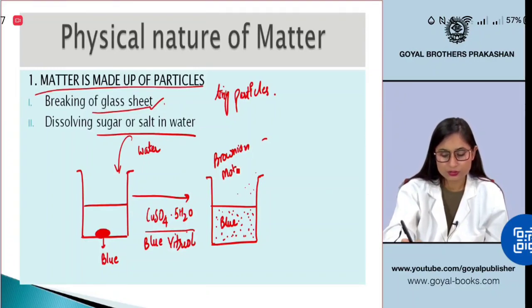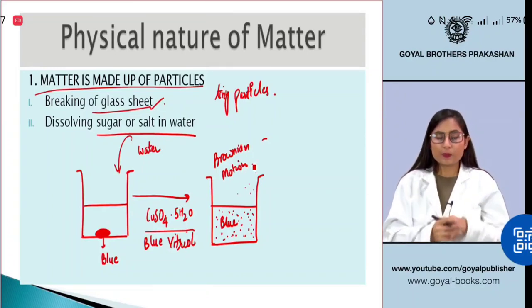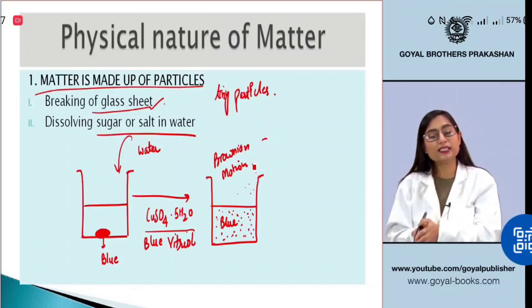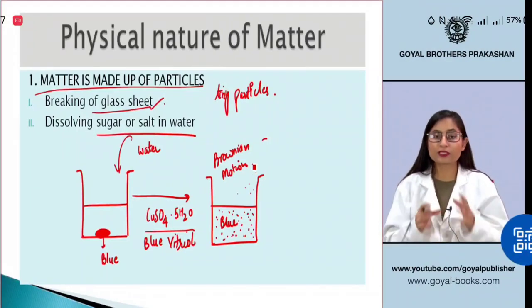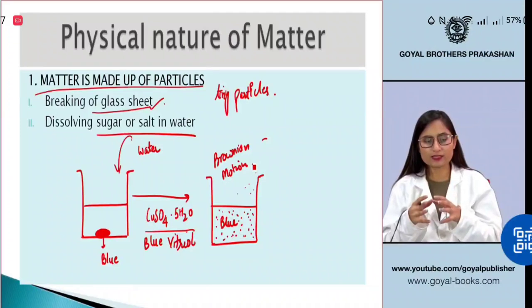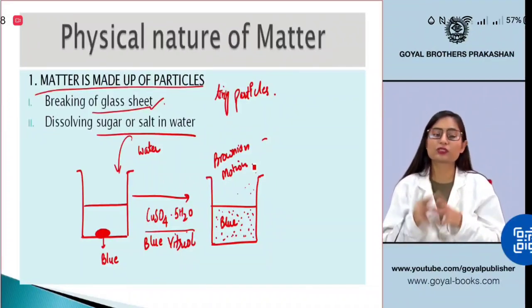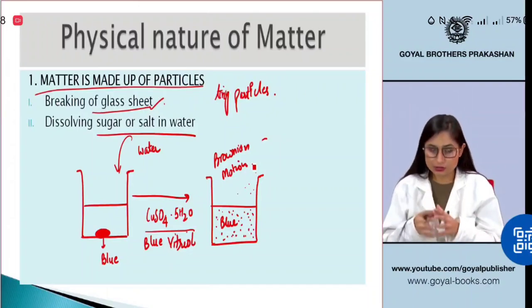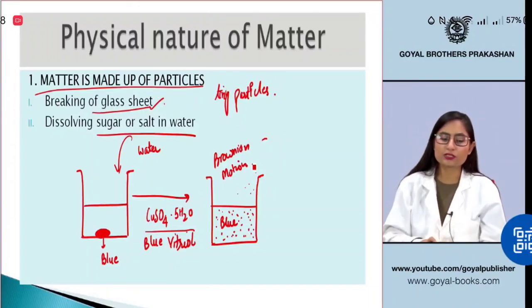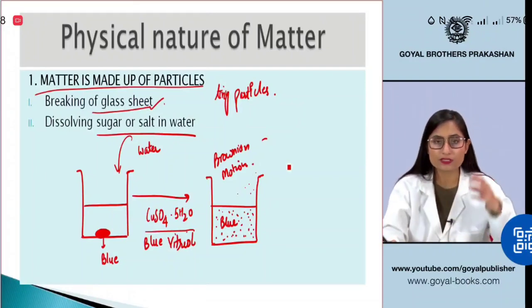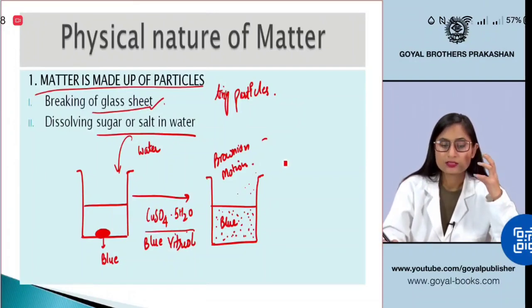Correct, students? The copper sulfate crystals are made up of millions of tiny particles. On dissolving, the crystal breaks into tiny particles and the particles spread throughout the solution, which impart a blue color to the solution. Now students, on dissolving copper sulfate in water, the water is colorless.